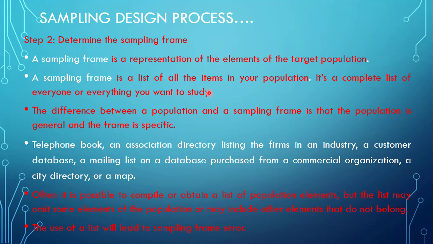Let's say in the previous example I gave you, the population might be the society that lives in a certain country. The subpopulation, which is the sampling frame, could be the societies who live in a certain location from that specific country.